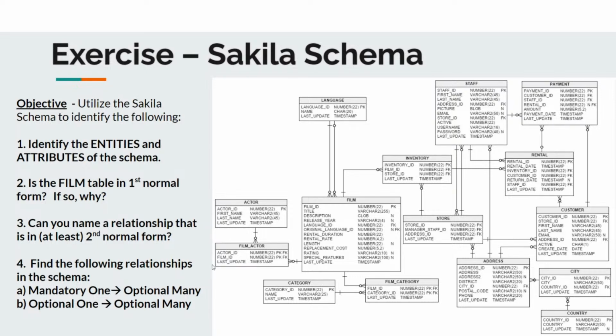All right. So then last, find the following relationships in the schema. There's a mandatory one to optional many, and optional one to optional many. So let's try to find a mandatory one. Here's a mandatory one to optional many. So this makes sense.